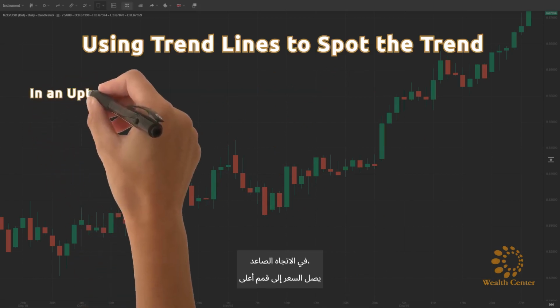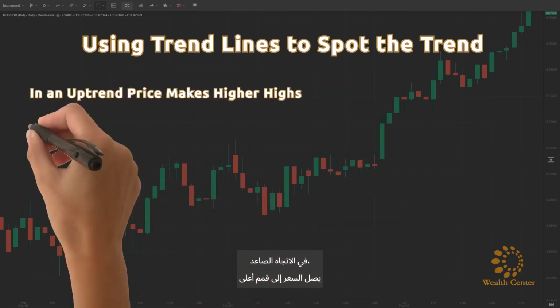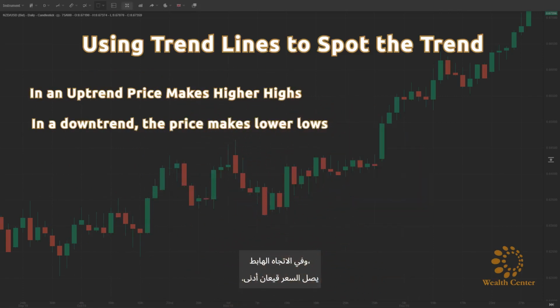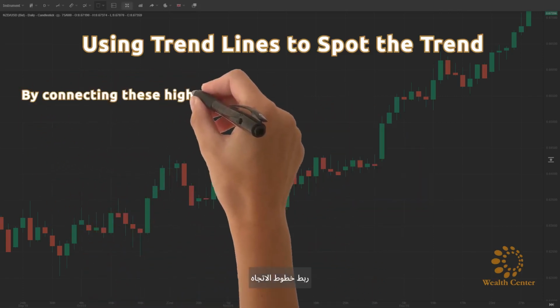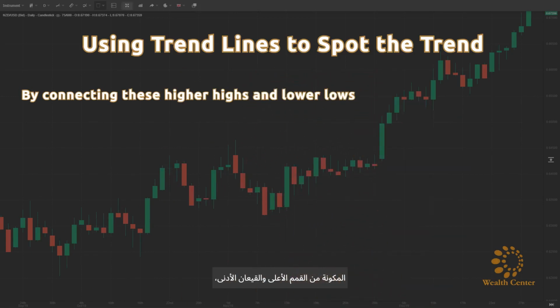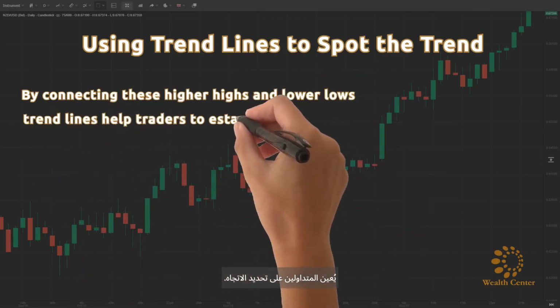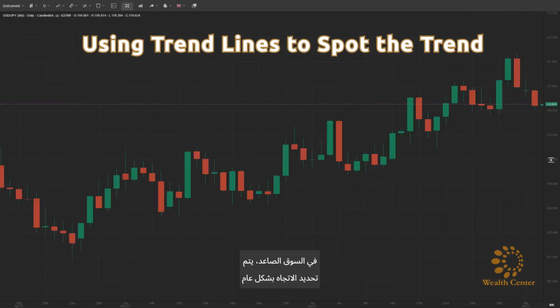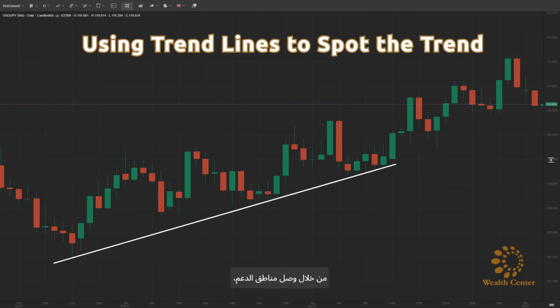In an uptrend, the price makes higher highs, and in a downtrend, the price makes lower lows. By connecting these higher highs and lower lows, trend lines help traders to establish a trend. In an uptrending market, the trend is generally identified by connecting the support areas, which draws an angled trend line.